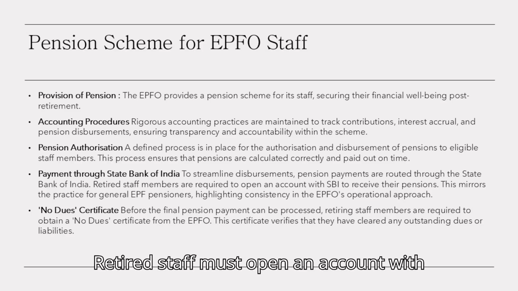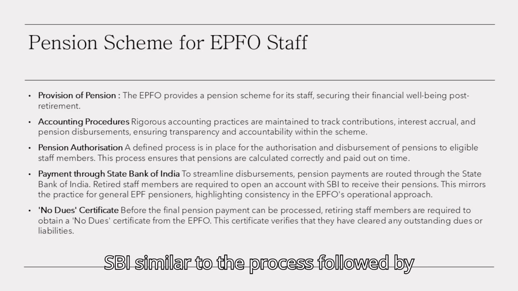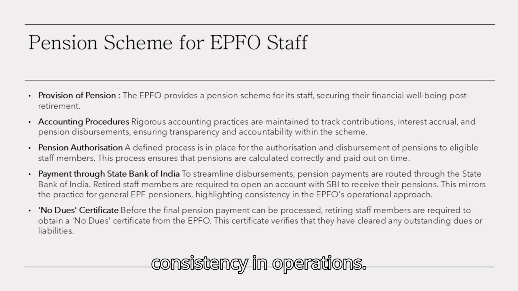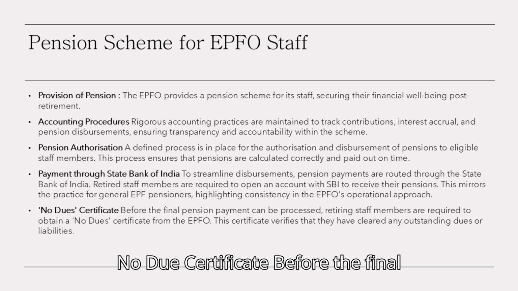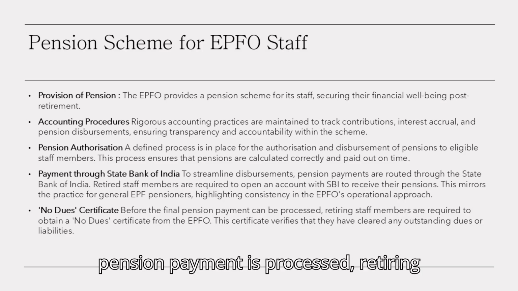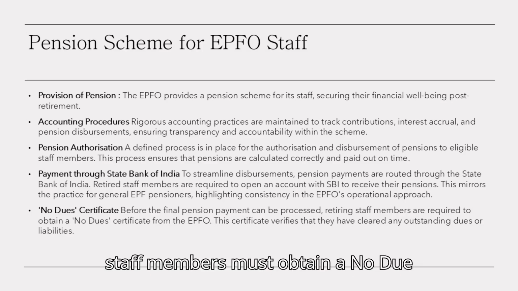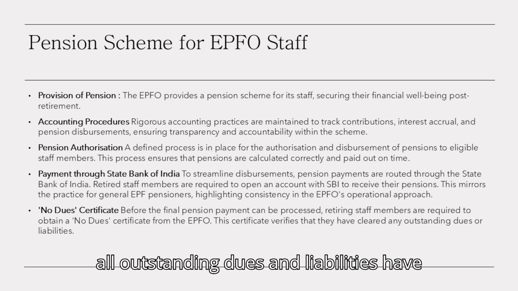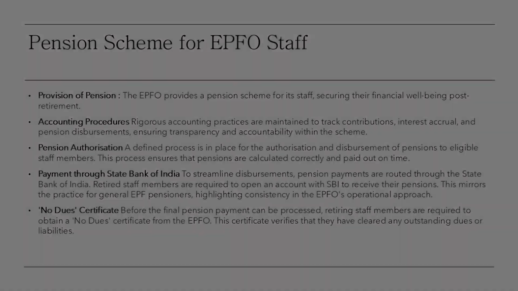Retired staff must open an account with SBI, similar to the process followed by general EPF pensioners, ensuring consistency in operations. No dues certificate. Before the final pension payment is processed, retiring staff members must obtain a no dues certificate from EPFO, confirming that all outstanding dues and liabilities have been cleared.